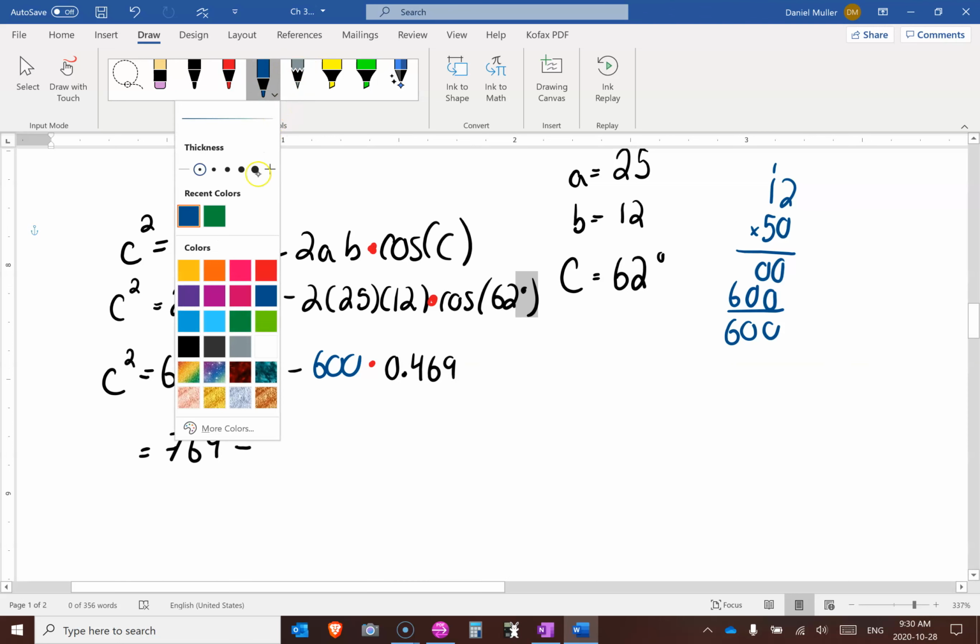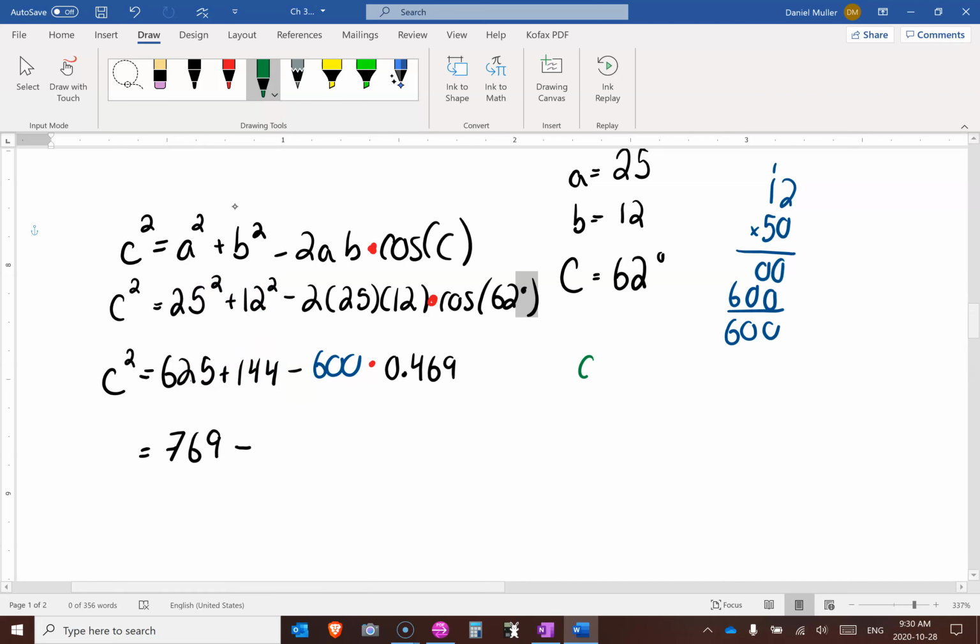So again, I don't know what that is off the top of my head. So 0.469 times 600. I'll put the 600 on the bottom because then there's just zeros everywhere. And then the third one starts with 2 zeros.